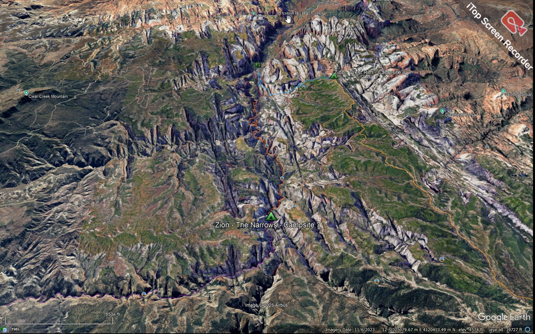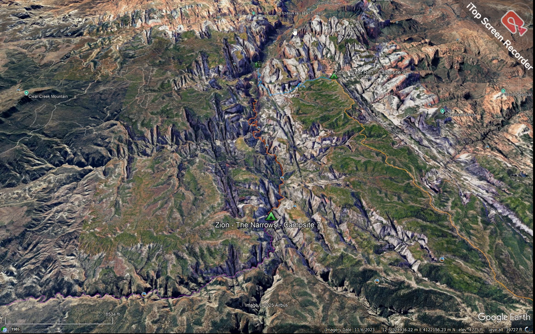Oh, no, it's back here. My bad. The split is actually back here, and this is where the tunnel is, if you were to approach Zion from the east side and go through the tunnel. Then that canyon is all located right back up here, and the split's right up there.